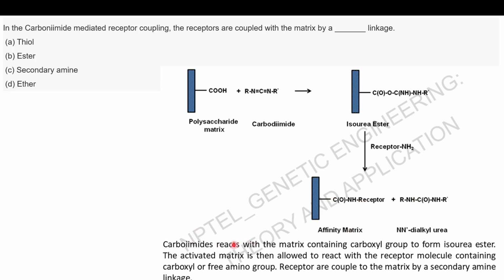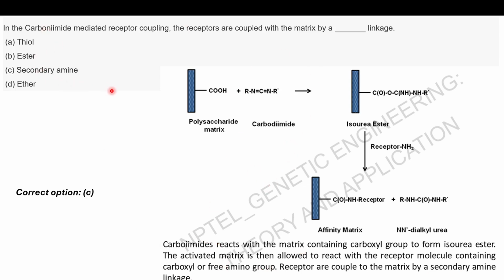So carbodiimide reacts with the matrix containing carboxyl group to form isourea ester here, and the activated matrix is then allowed to react with the receptor molecule having a free NH2 group. Okay. Receptors are coupled to the matrix by a secondary amine linkage. Okay. So the answer is very direct here from the picture. Answer will be option C.